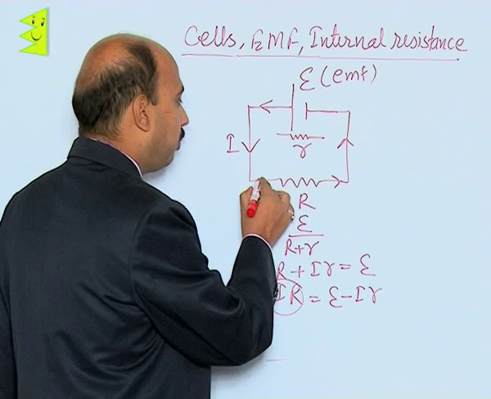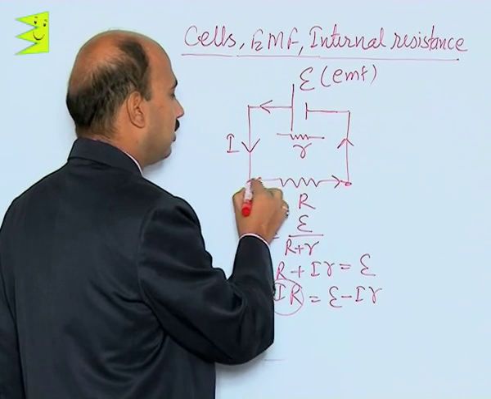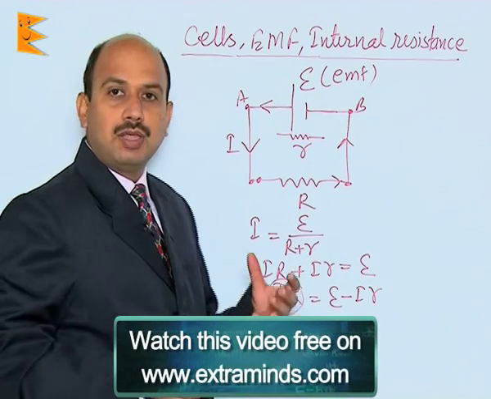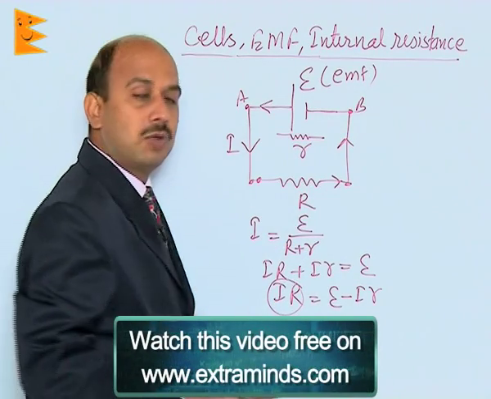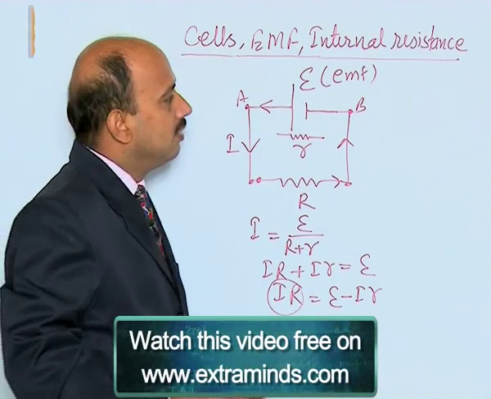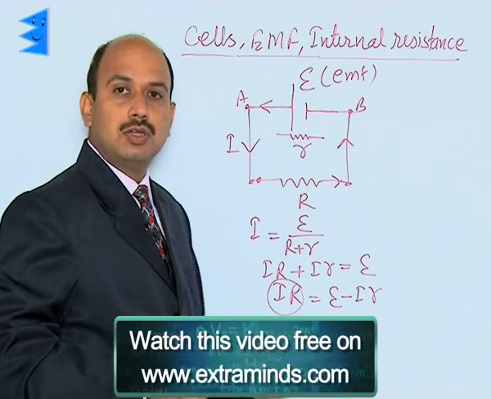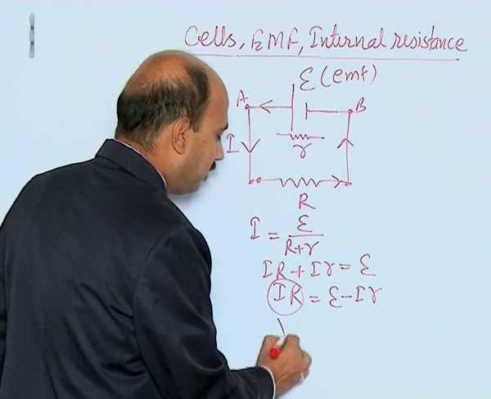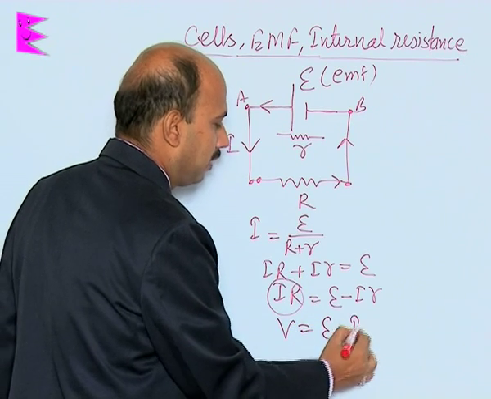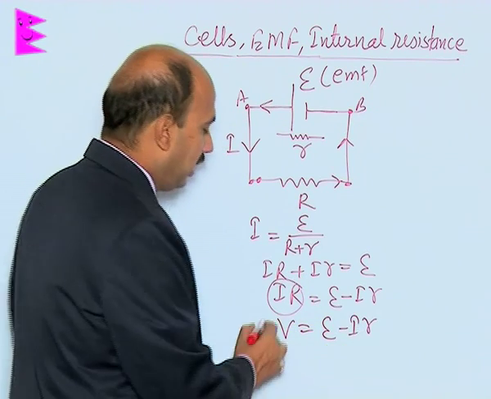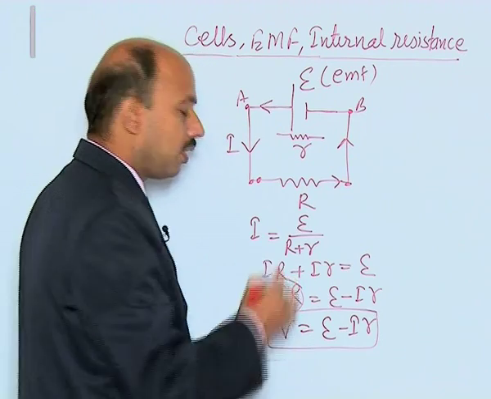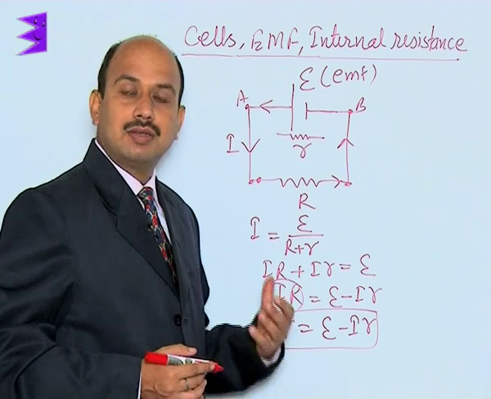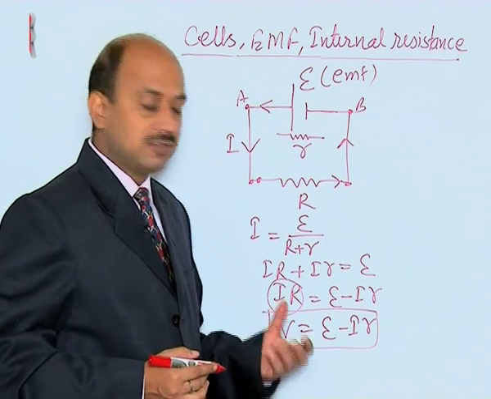This IR is the potential difference across these two ends, suppose this point A and this point B. This is the terminal potential difference between the two electrodes of the cell when the current is flowing. So, we can write V is equal to EMF minus Ir. This is the relation between terminal potential difference, EMF, current and internal resistance.